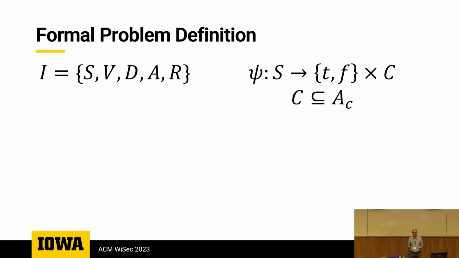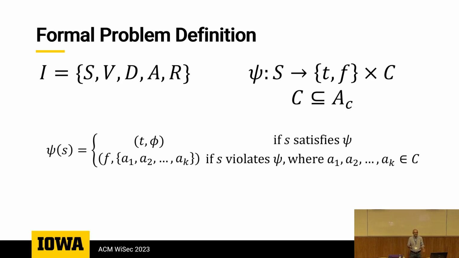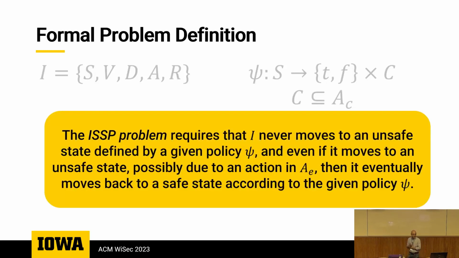This is the corrective action, okay? And these, the A sub C, are essentially the cyber actions. You cannot do physical actions, right, with an actuator. So the policy, if you look at it, can essentially partition states into safe states and unsafe states. I showed the green and red annotation in the labeled transition system, the green being safe and the red being unsafe.